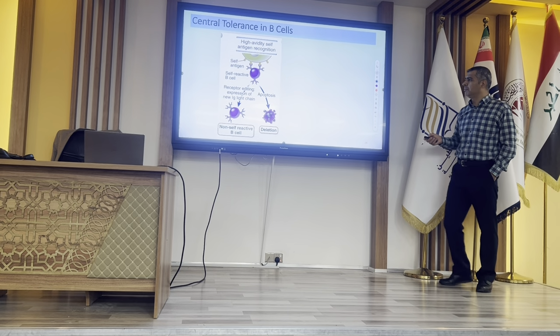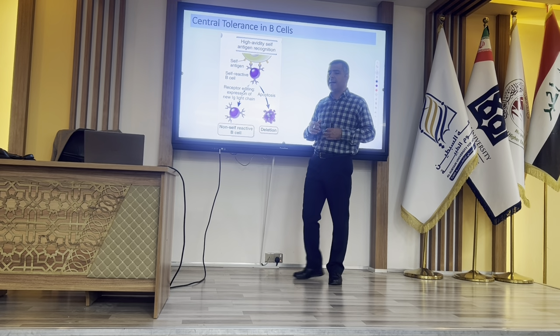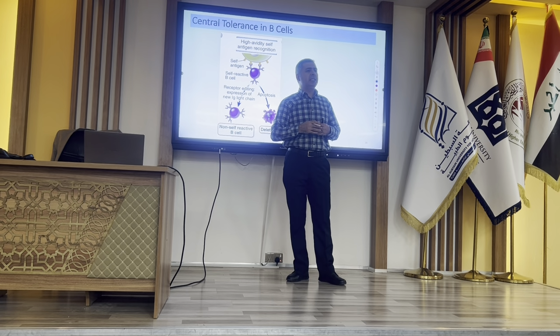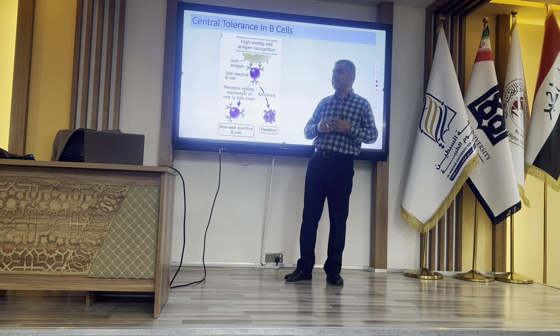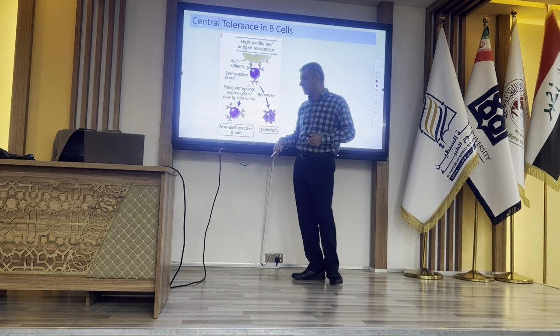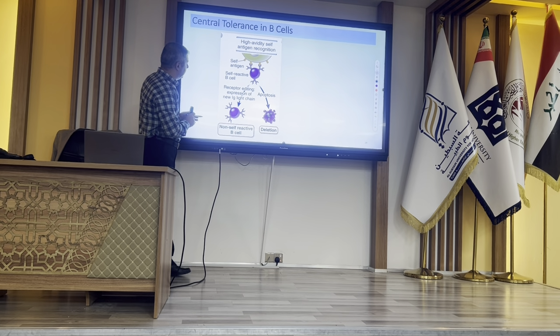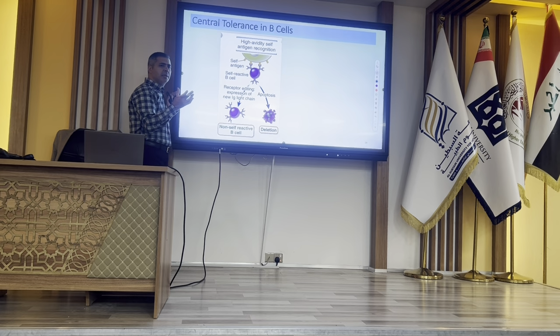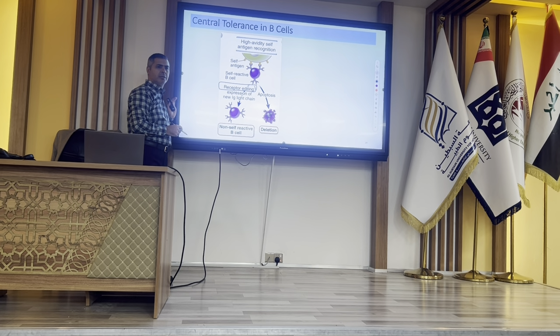For central tolerance of B cells, if we have a self-reactive B cell that, after recognition of self-antigens, has a strong recognition, the cell in the first step won't be eliminated. The immune system will give another chance for the self-reactive B cell to change its receptor, which is called receptor editing.